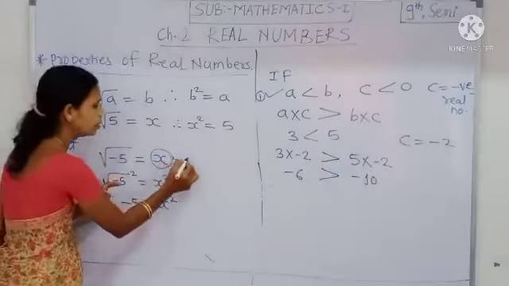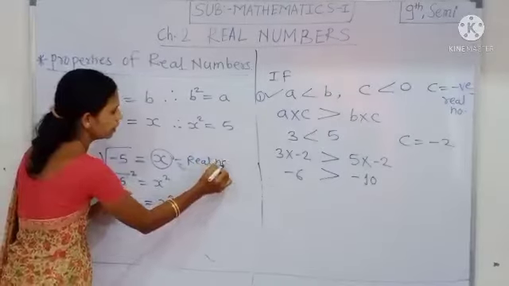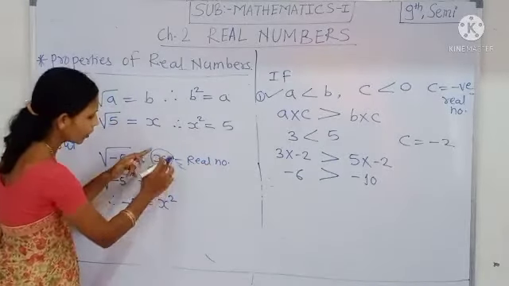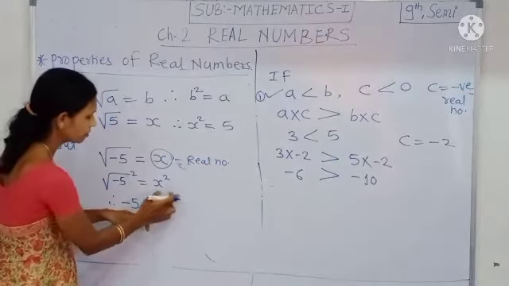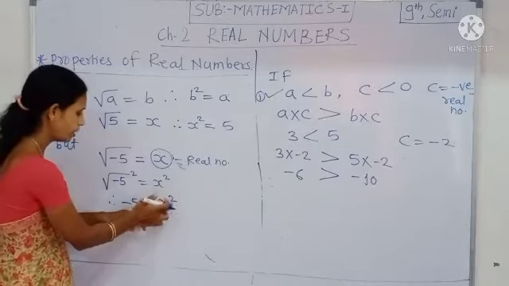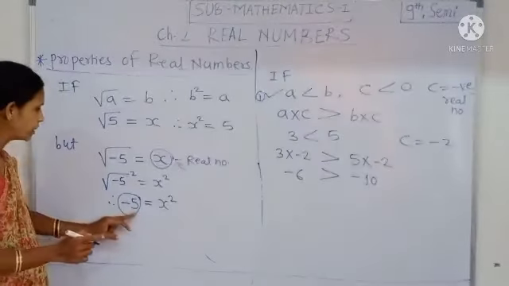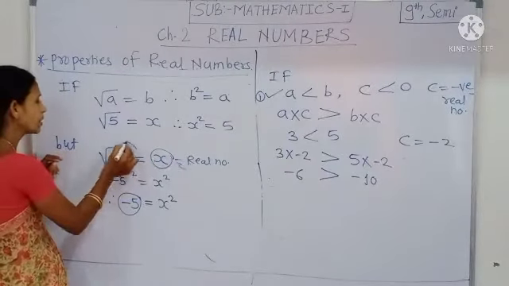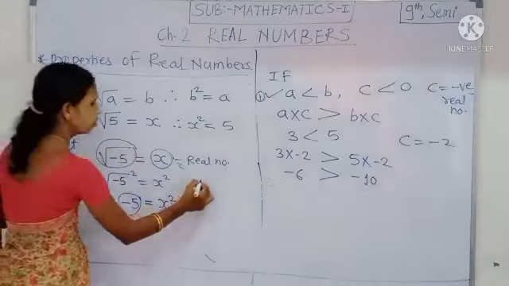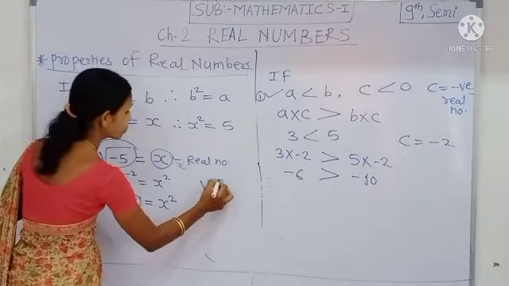That means here x is a real number, and the square of that real number here we get minus 5. That means x is a real number and here the real number is root minus 5.